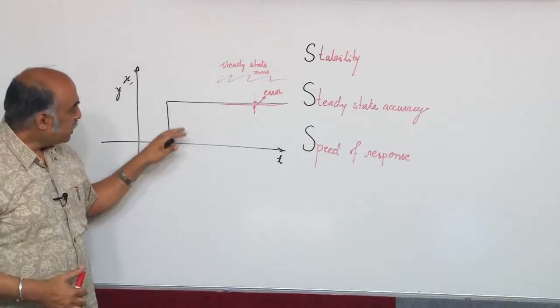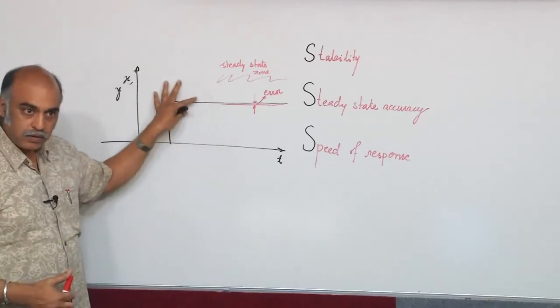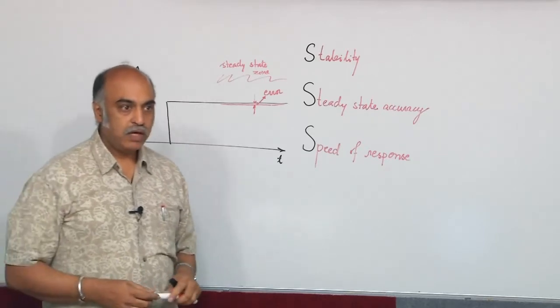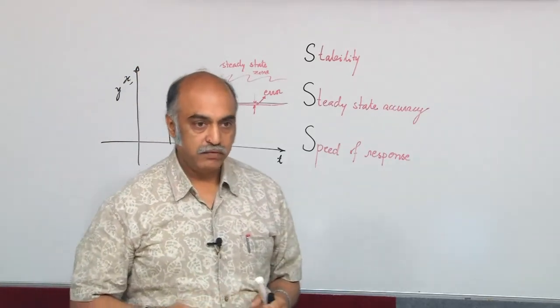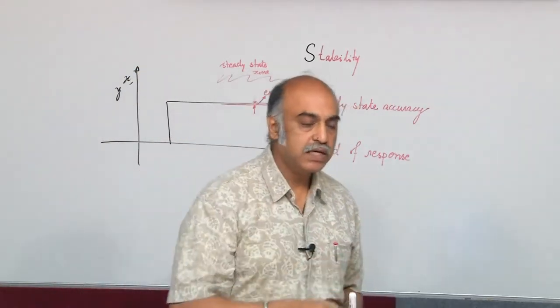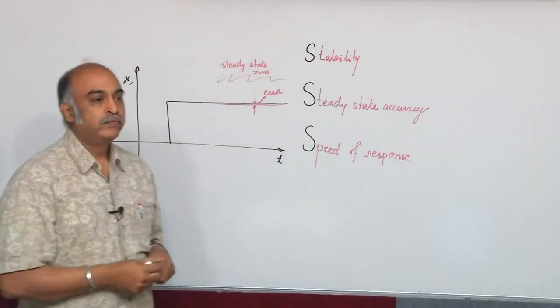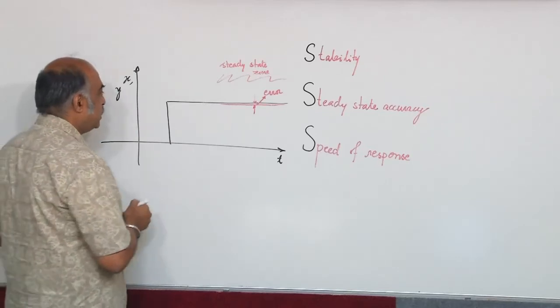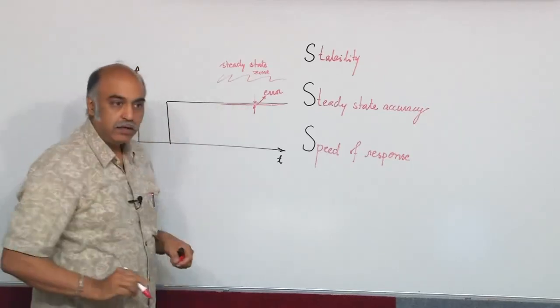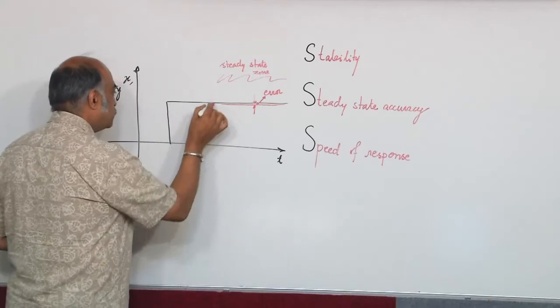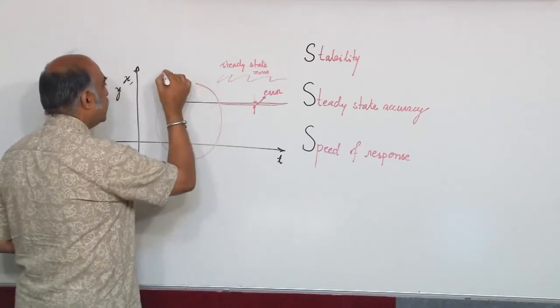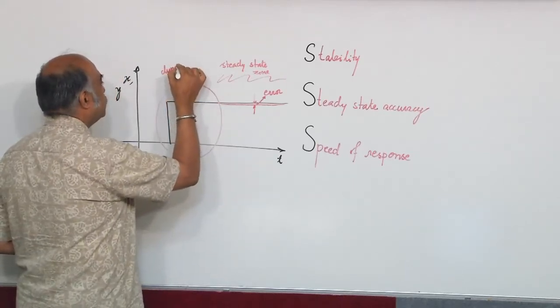The third aspect is this region where you are talking of transients, when there is a disturbance, when there is a change in the load, when there is a change in the input, when there is a change in something, even any uncertain parameter, how fast it goes back again into this zone. This is the dynamic or the transient zone.